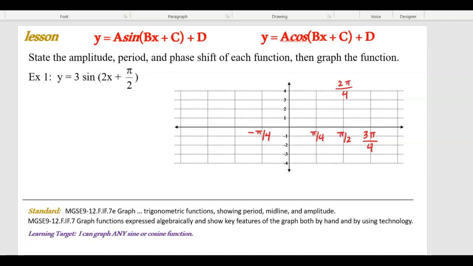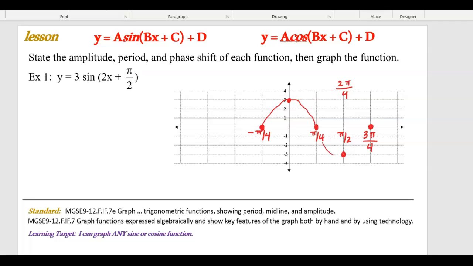It is a sine function. So we start on the x-axis. We're going to go up to 3 because it's positive 3 just like before, down to pi over 4, down to negative 3, up to 3 pi over 4, and we make our sketch.